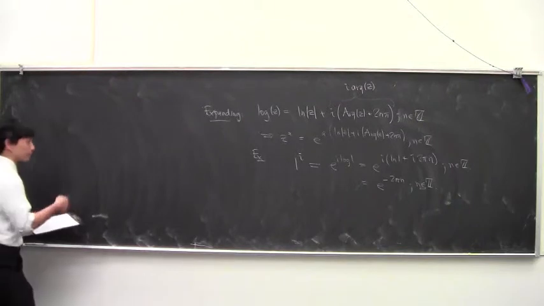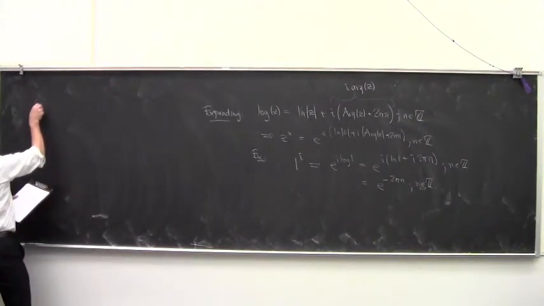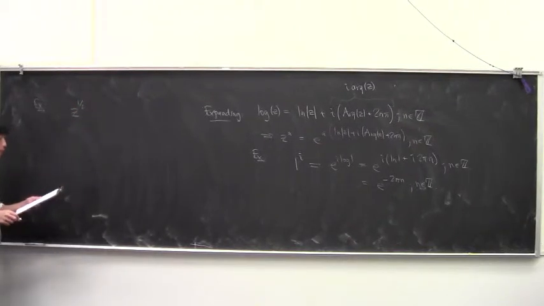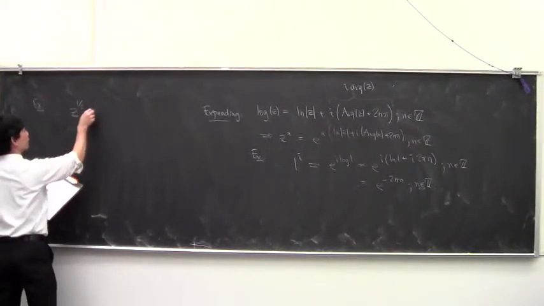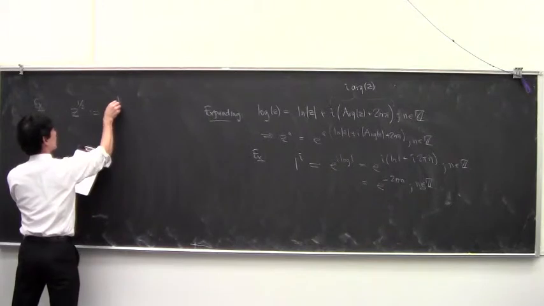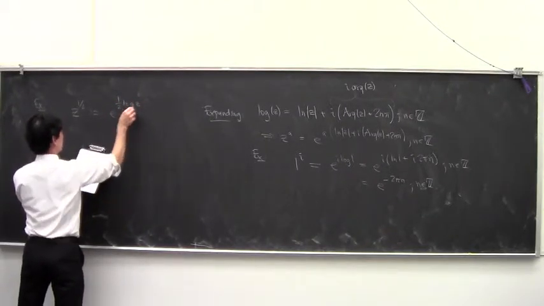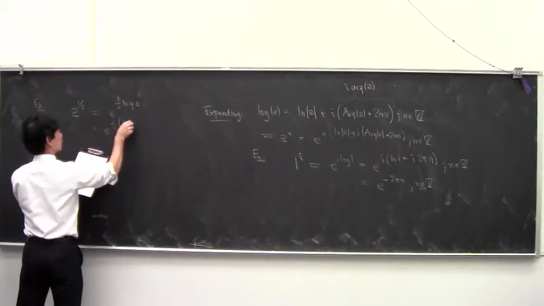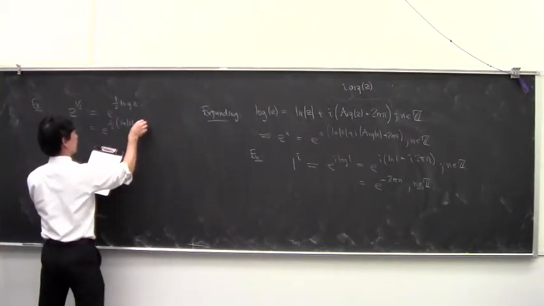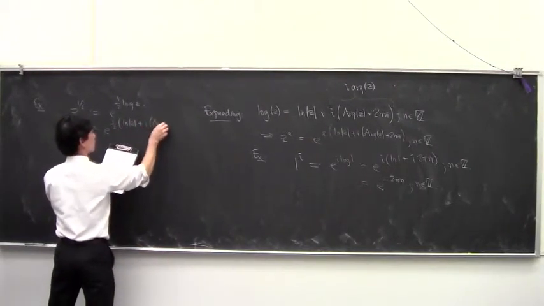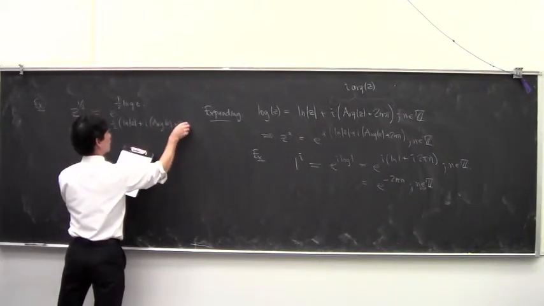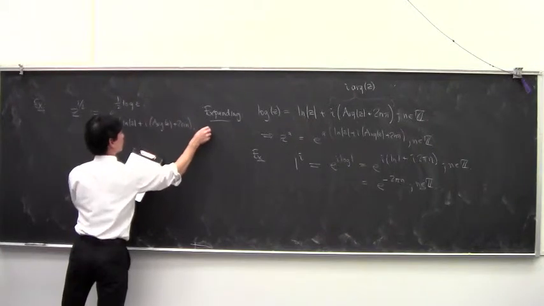Okay. Another example. If we look at z to the 1/2, well, that's going to be e to the 1/2 log z. That's to say e to the 1/2 times natural log of z plus i arg z plus 2 pi n.